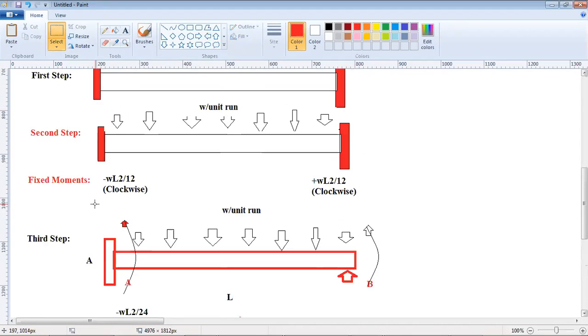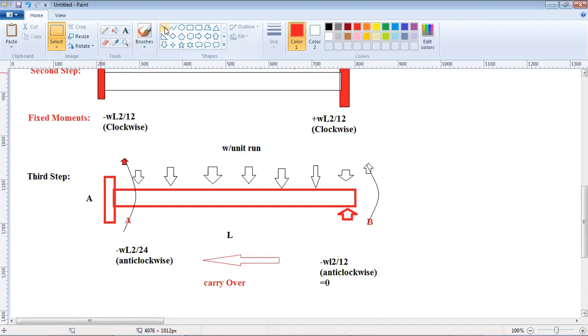So now what is the total moment at both ends? Let me add them directly. This is the method that you use in the moment distribution method. First of all, let me cancel this.